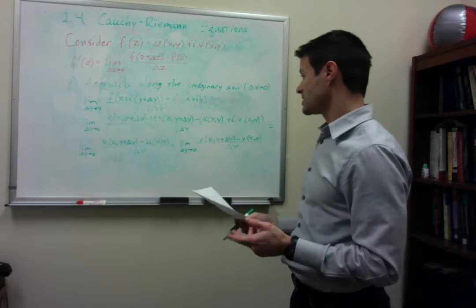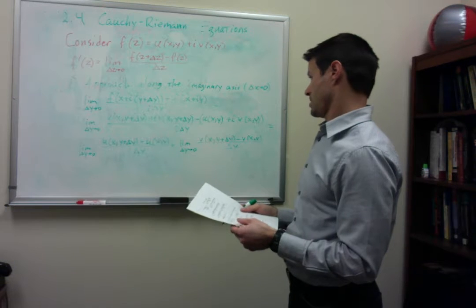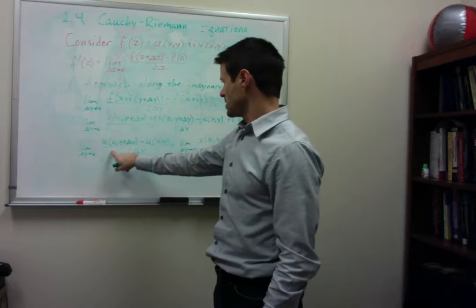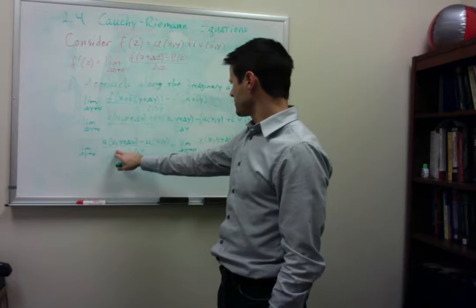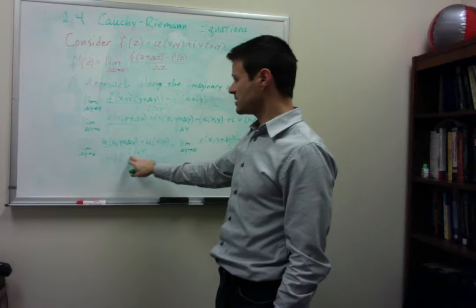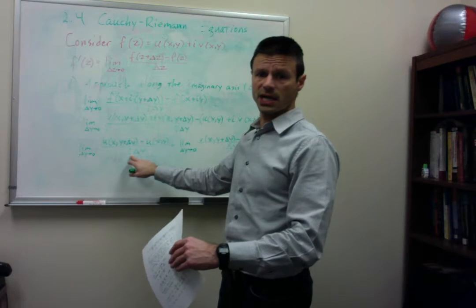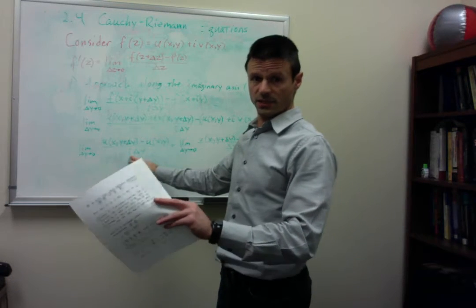So these limits, again, they should look familiar. So here, this limit on the left looks like du dy. But we also have to be careful. There's an i here in the denominator. And so to take care of that i in the denominator, we multiply top and bottom by i. And so that's going to lead to a factor of minus i in the numerator.